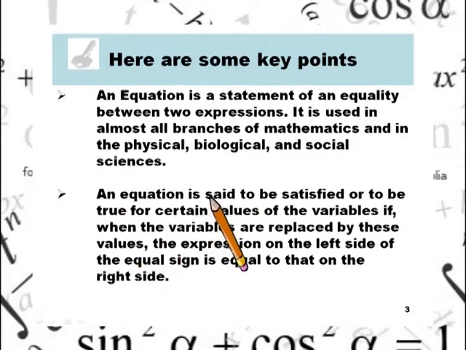An equation is said to be satisfied or to be true for certain values of the variables if, when the variables are replaced by these values, the expression on the left side of the equal sign is equal to that on the right side.